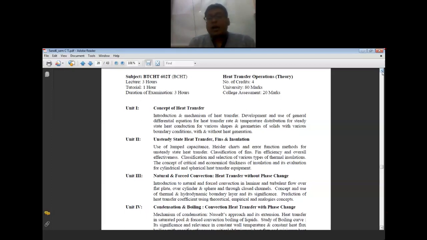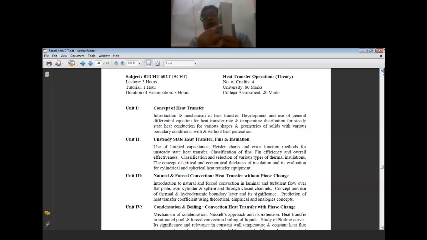Then consider any thick slab. You can consider a thick slab, a metal slab, or a book also. If I am going to supply heat on one side, then what will be the temperature on the other side, or how will the temperature be distributed throughout this metal or a book?